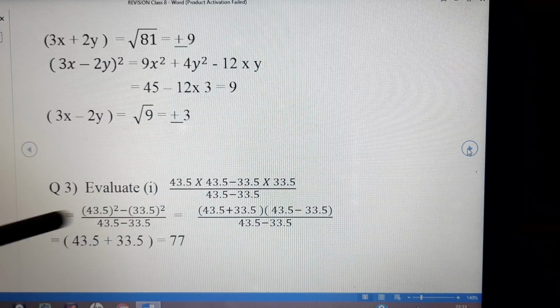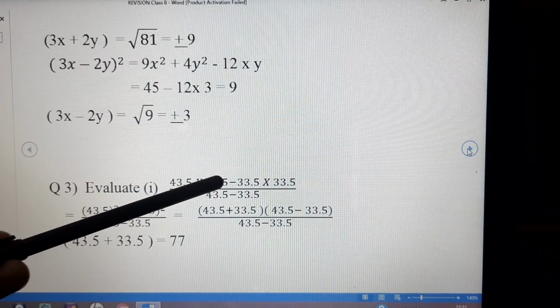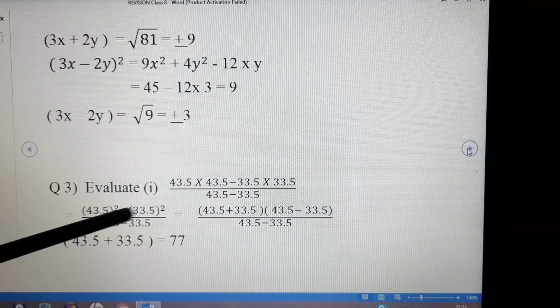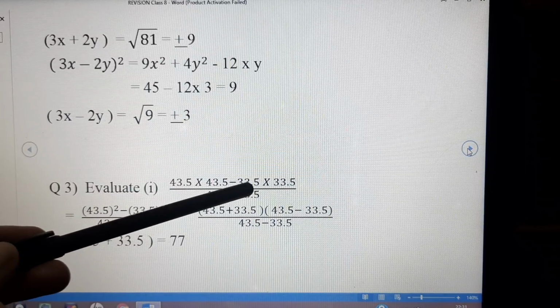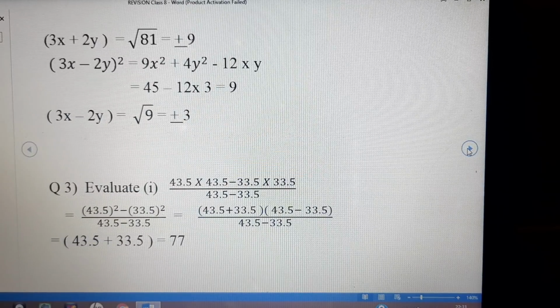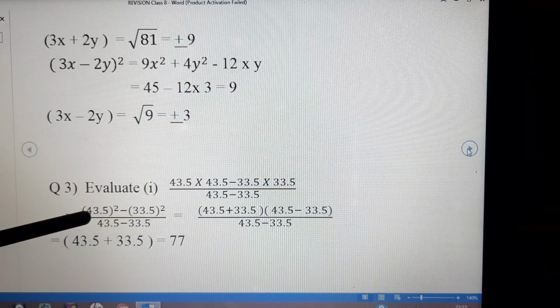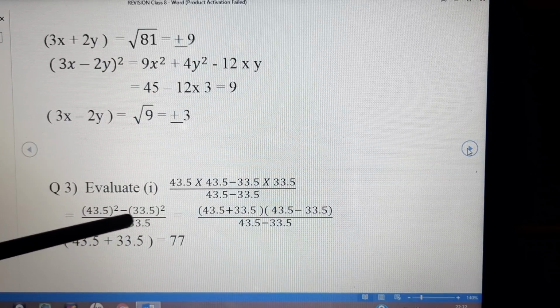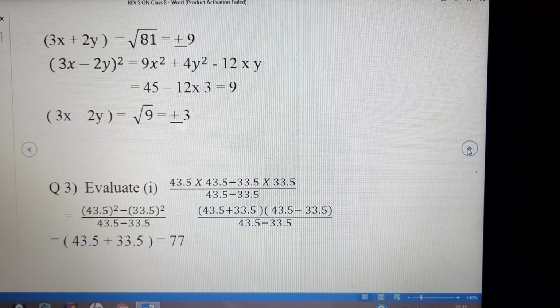Fine. So we can write 43.5 whole square, 43.5 square, minus 33.5 square. If we look at the numerator, it is the a square minus b square formula. We can write it as a plus b and a minus b. So it is 43.5 plus 33.5, 43.5 minus 33.5.